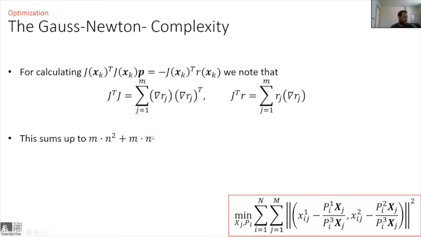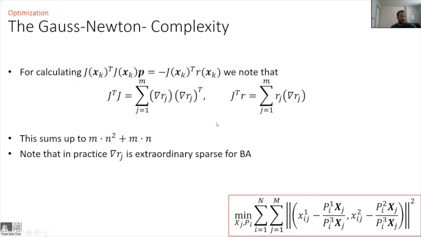If you look at this naively, for every term in the sum we perform n squared operations for the outer product, and in the second term we get n.